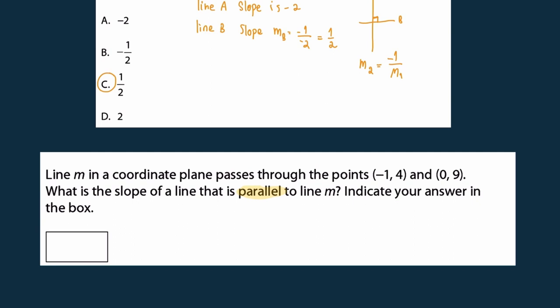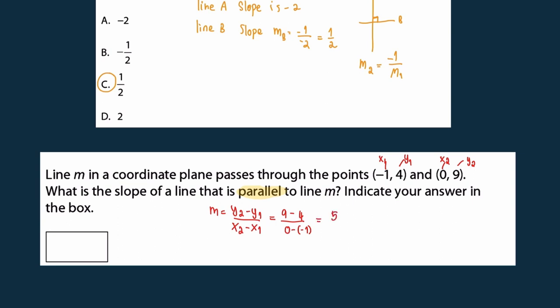So do the same thing: first find the slope of line M using m equals y2 minus y1 over x2 minus x1. I decide which is x1, y1, x2, y2 first. So 9 minus 4 over 0 minus minus 1.